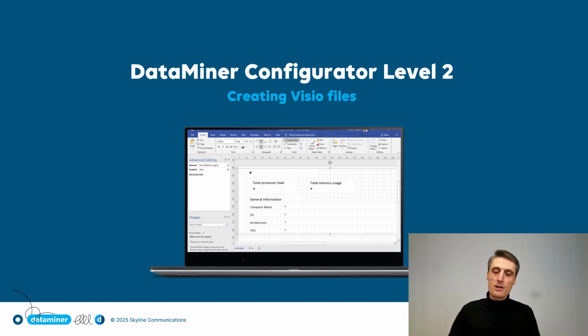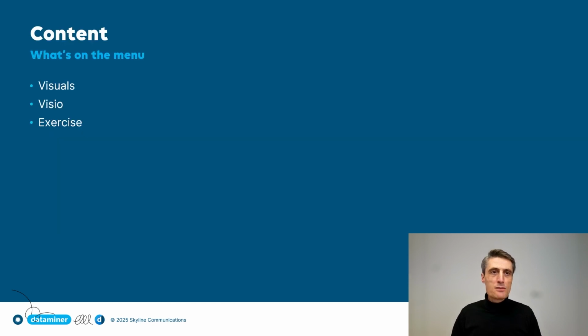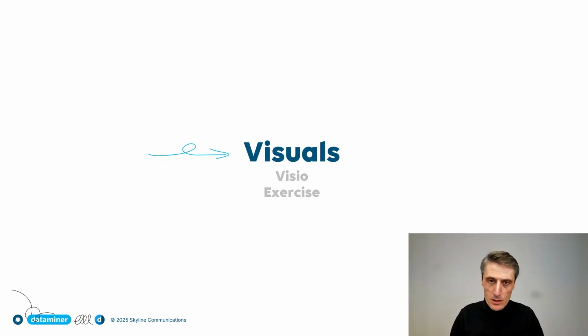So whenever you select something, you see a nice graphical presentation, and those graphical presentations are created in Microsoft Visio files. So in this module, we'll take a look at what the visuals are, and then we'll dive into Visio to play around with it and do a lot of exercises and demonstrations on how to create those graphical interfaces with some demos.